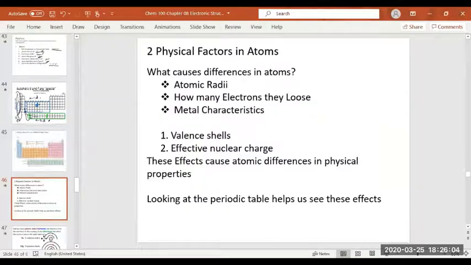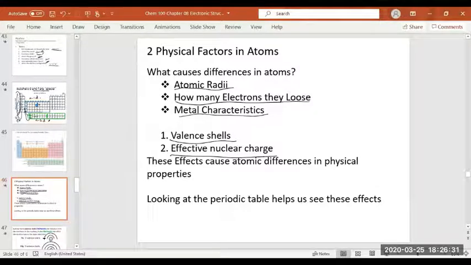Okay, now the last section: some properties of the elements. First of all, we will learn about the atomic size, atomic radius, ionization energy, how many electrons they lose, and metal characteristics. All these properties depend on two different things: valence shell and effective nuclear charge.